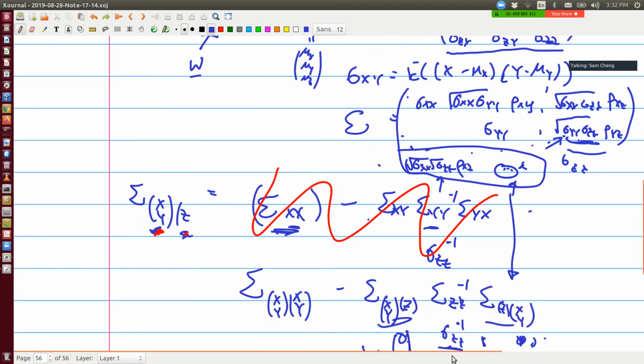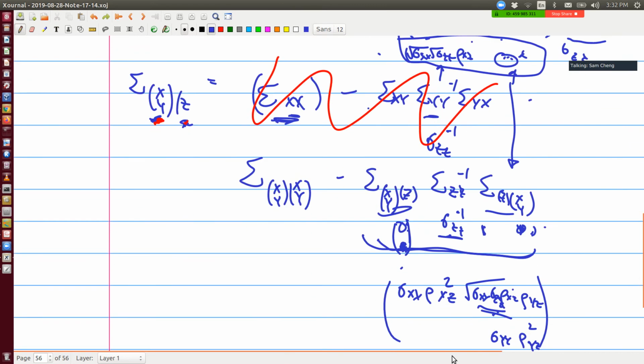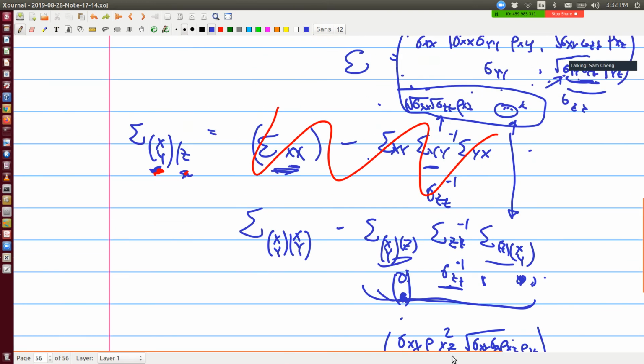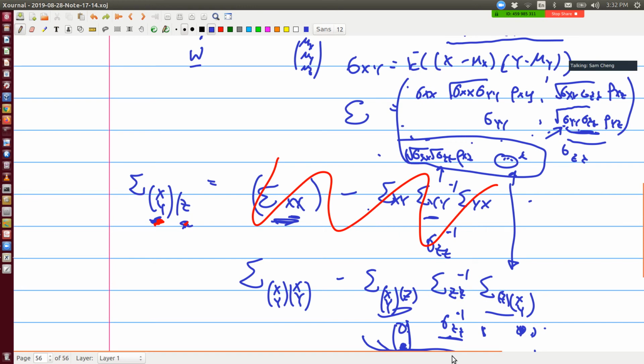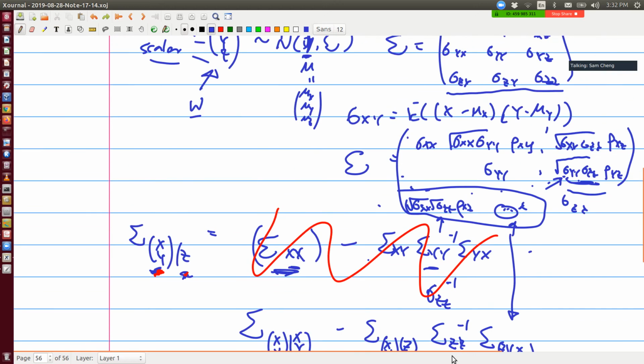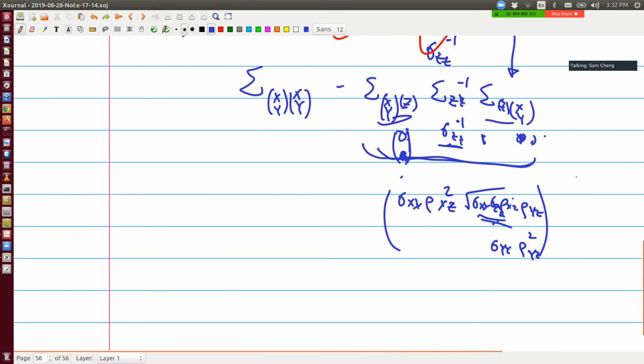Sigma xz square, sigma xz times sigma yy. Okay, I probably made a mistake here. Let me look carefully. Sigma xz times sigma yy. Yes. Thank you. Okay, let me remove this.